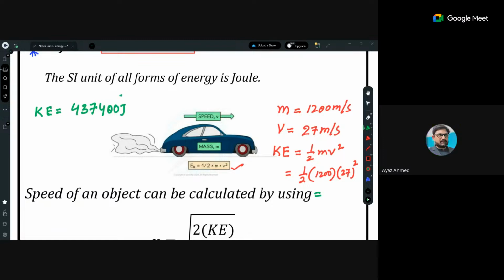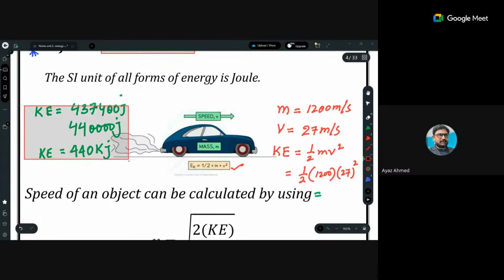So we will round it off to 440,000 joules because of two significant figures, or you can simply say 440 kilojoules. 440 kilojoules is the kinetic energy possessed by this car while traveling with this much speed. So is it clear to you?